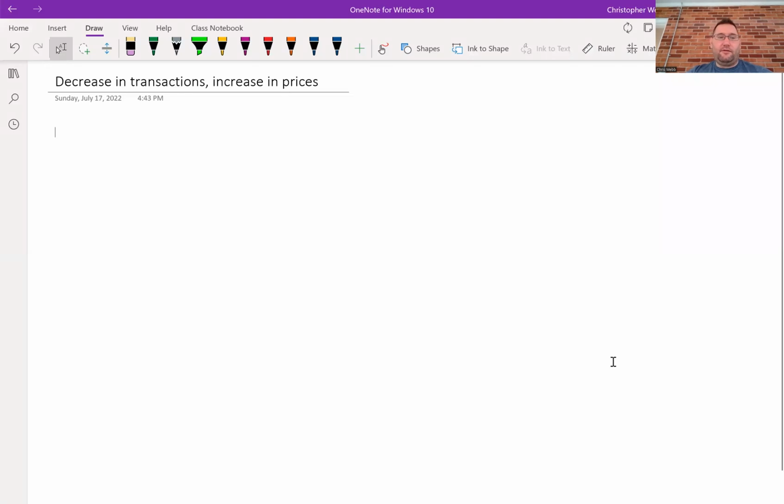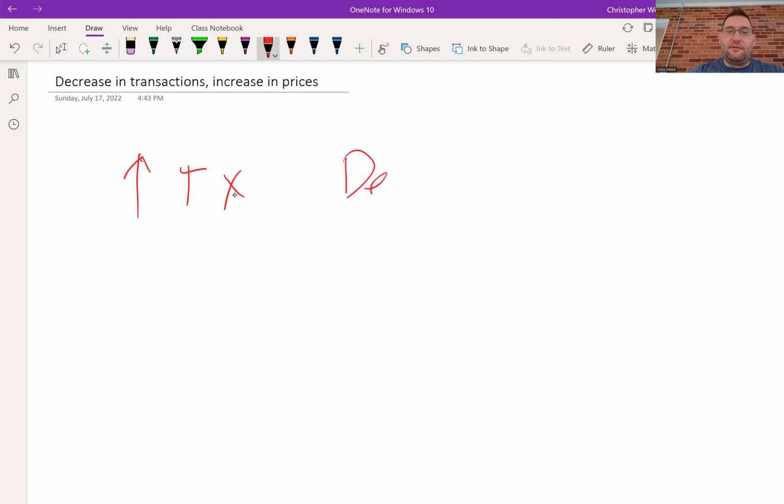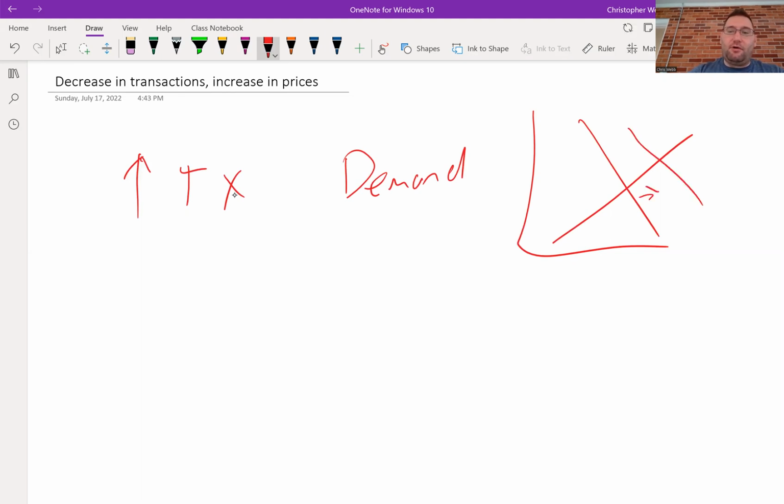So I'm going to go ahead and share my screen. Generally speaking, when you have an increase in transactions, that means demand has shifted. If you recall, if the demand curve shifts outward, it puts upward pressure on the pricing, right?